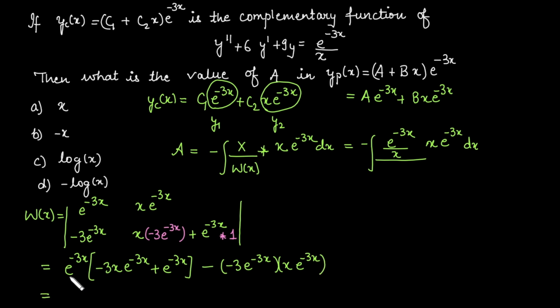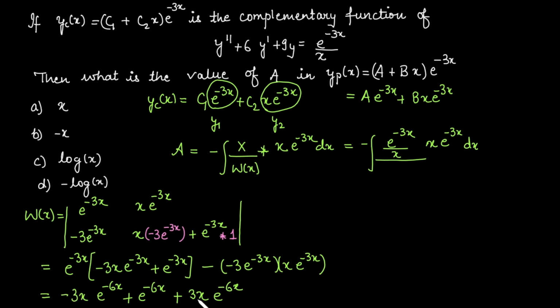This is equal to minus 3x e raised to power minus 6x. Because the base is same, we can add the powers, that is minus 3x minus 3x is equal to minus 6x, plus this into this, again the base is same, we have e raised to power minus 6x. Negative negative is a positive, 3 into x, base is same, we can add the power, that will give you minus 6x.